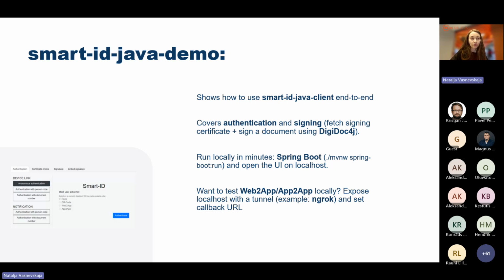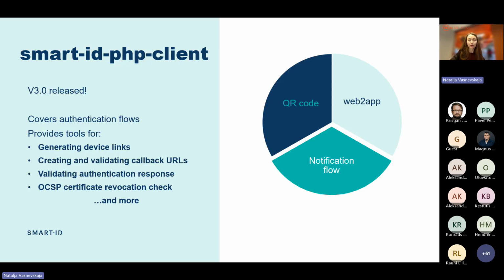It's about Java then, and we also have SmartID PHP client. We also received some questions about support of new API in PHP client. And good news, almost 2 weeks ago, we published this new version that supports new API, supports SmartID Plus. And of course, it covers only authentication flows, and QR code and web to app and notification flows are covered there.